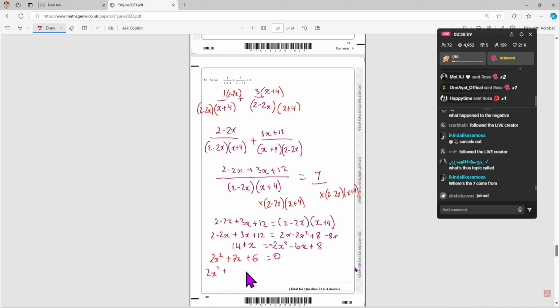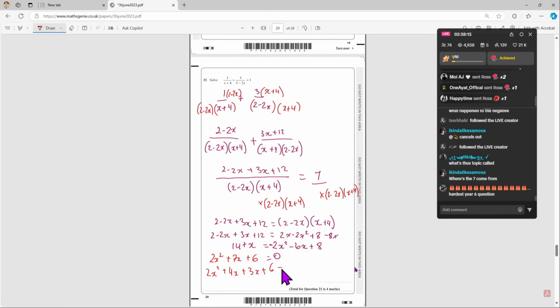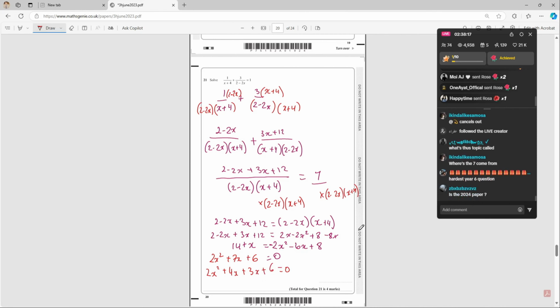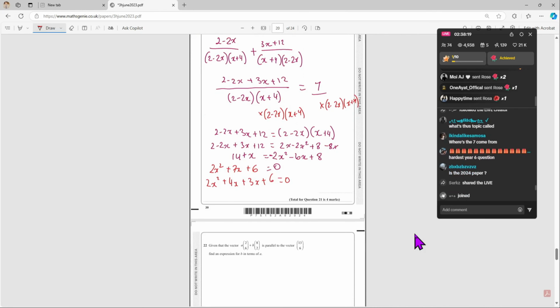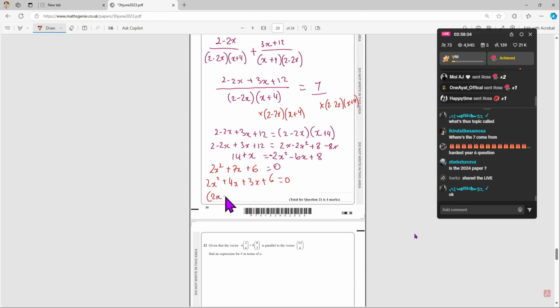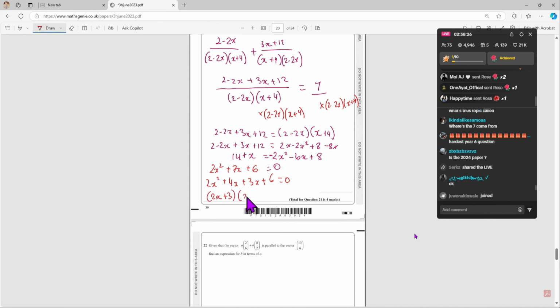Now we split this up to factorize it, and then you can factorize into double brackets: 2x plus 3 and then x plus 2 is equal to 0.